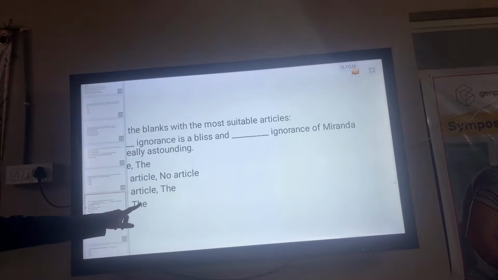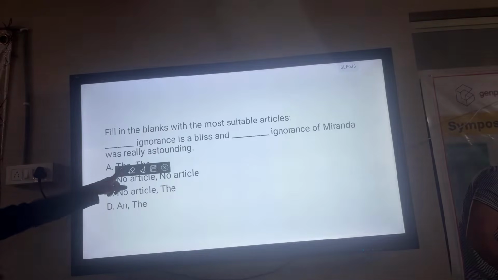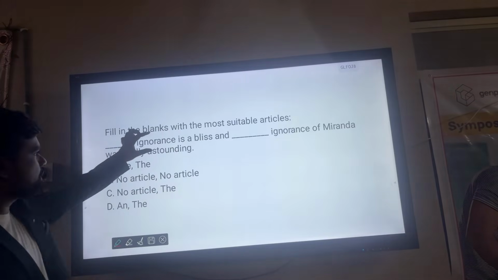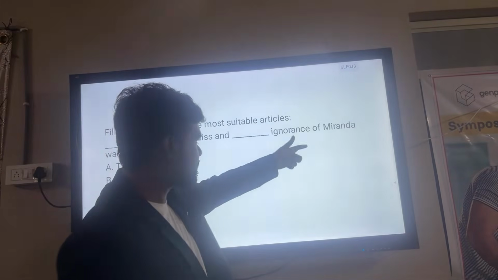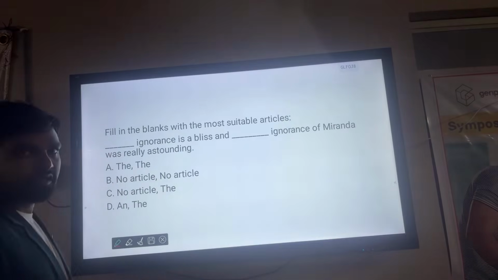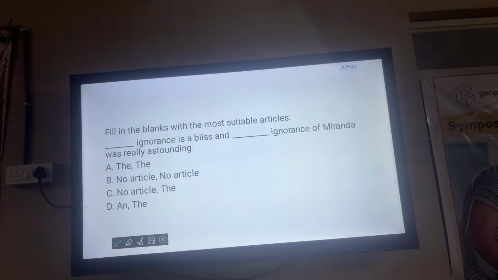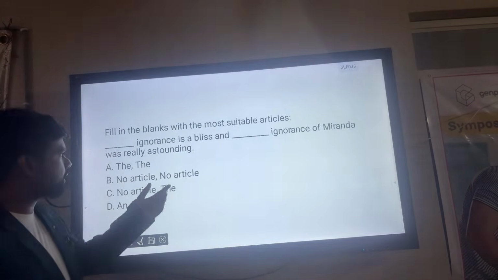Can you answer this one? Fill in the blanks: dash ignorance is a bliss, and dash ignorance of a marina was really outstanding. If you look here, in "ignorance is a bliss" there is no need to use an article before it.